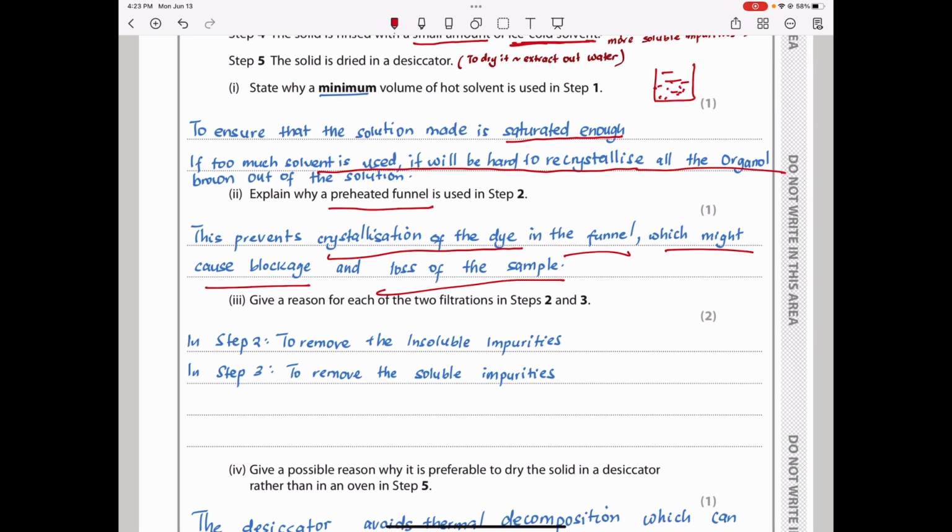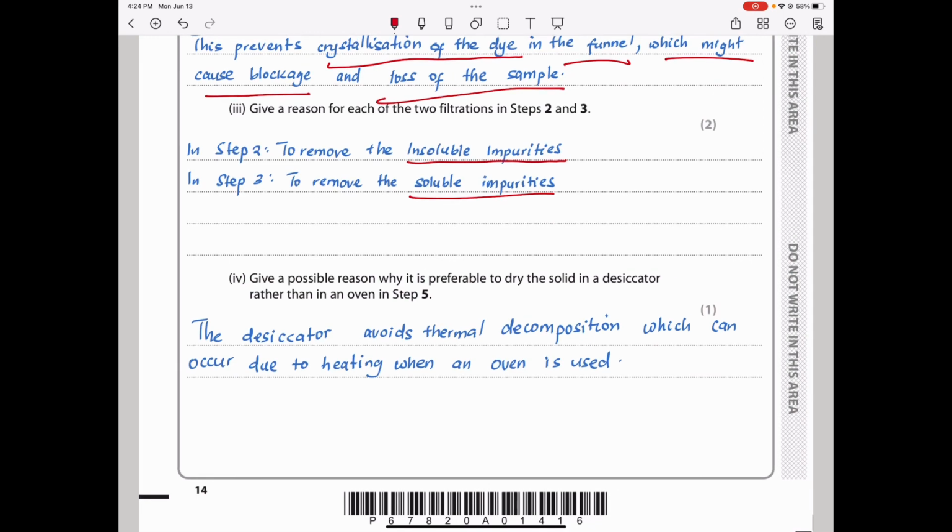The next part says, give a reason for each of the following filtrations in step 2 and step 3. Step 2, we filter when hot to remove insoluble impurities, and we filter when we cool down, using a Buchner funnel, to remove the soluble impurities. Next says, give a possible reason why it is preferred to dry the solid in a desiccator rather than in an oven in step 5.